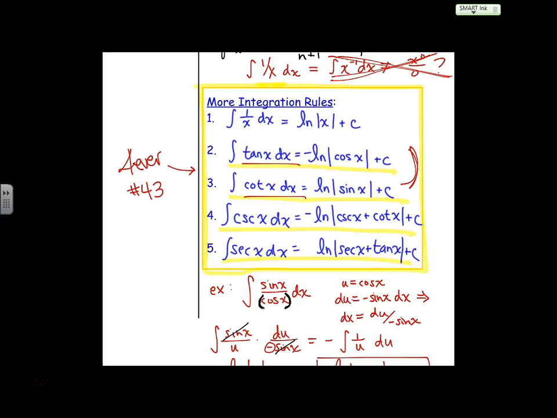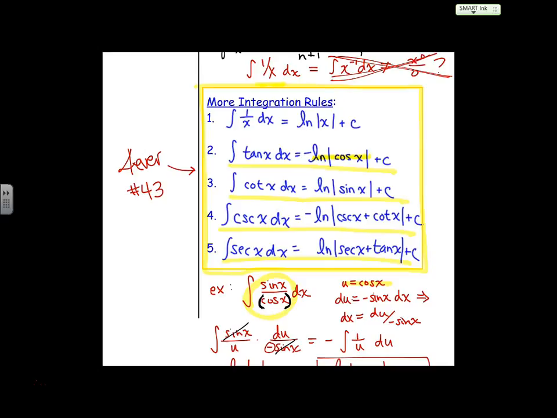Kinda. Now one's a negative, one's a positive. But as we saw yesterday with these ones, where or who is tangent? Sine over cosine. And if you had sine over cosine, who would be your u, the top or the bottom? The bottom. So do you see why tangent should have ln of cosine, not sine? Because cosine is the u.